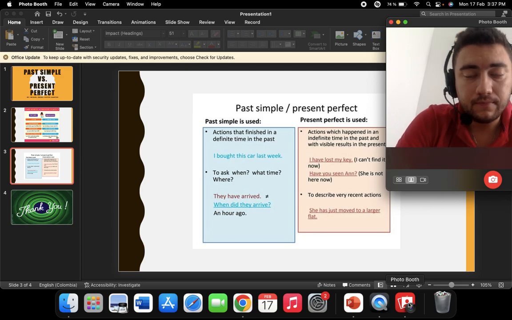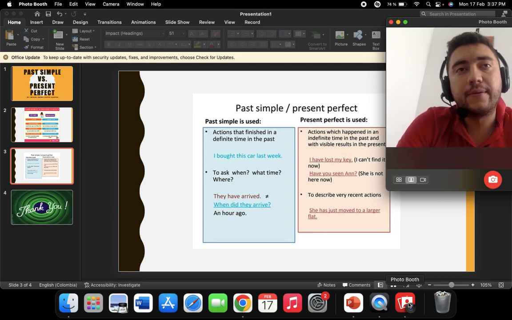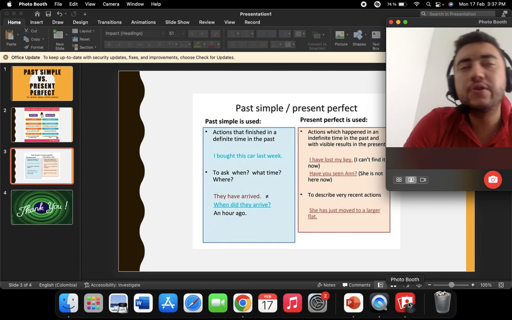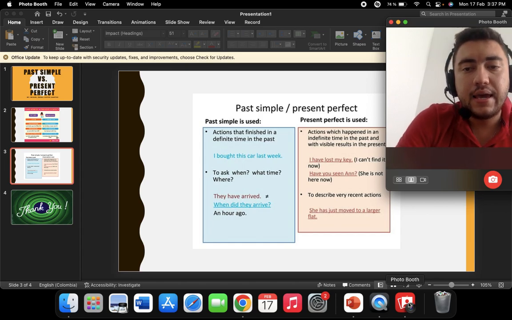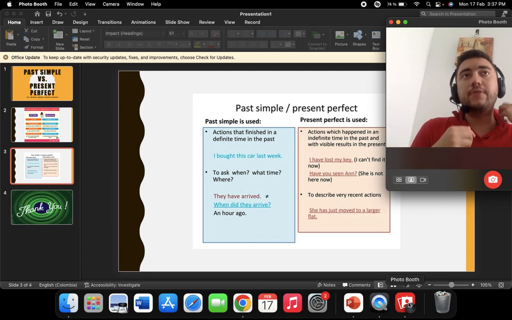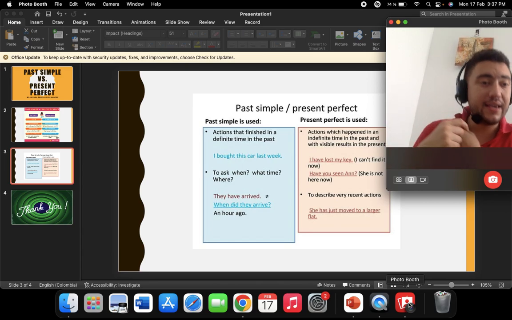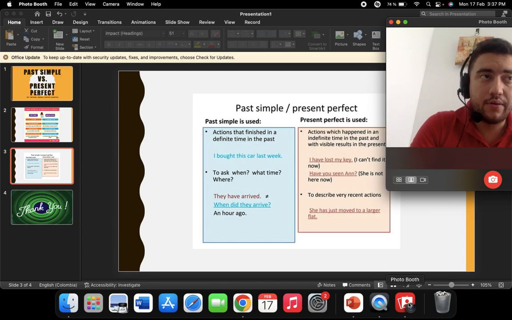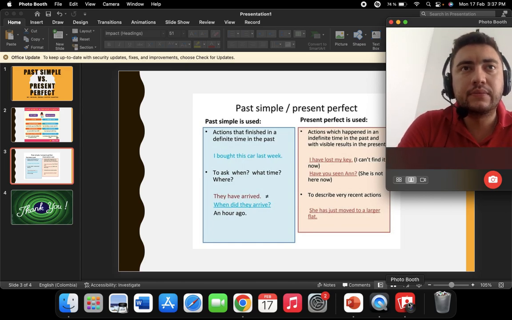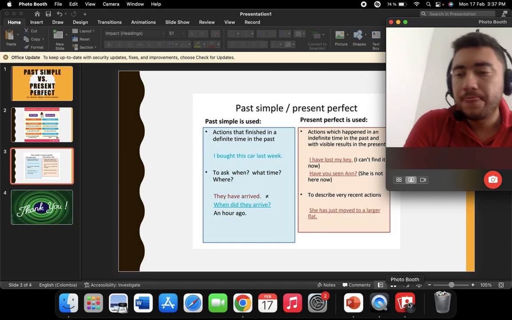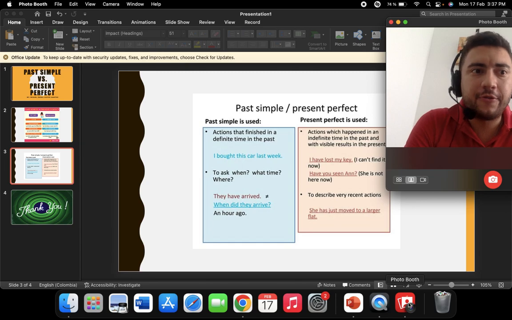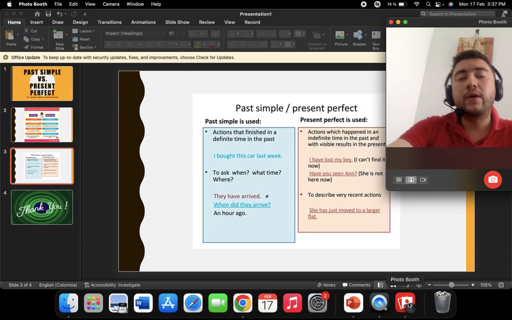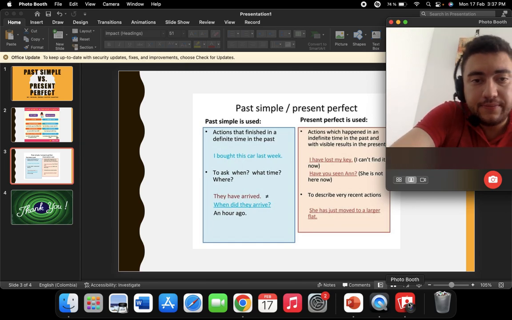Okay, another key to use them is like this. For example, if we use time expressions like yesterday, last month, last night, on February 1st, we're using definite time in the past.